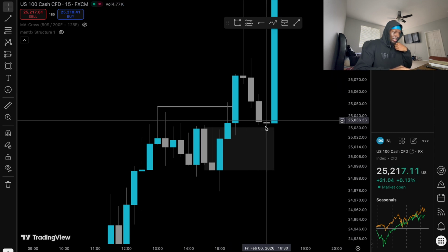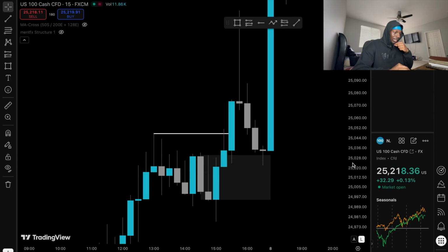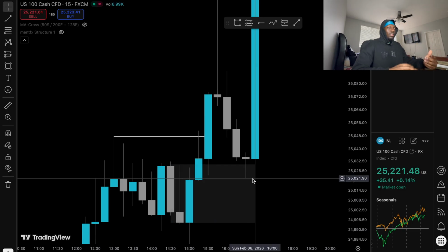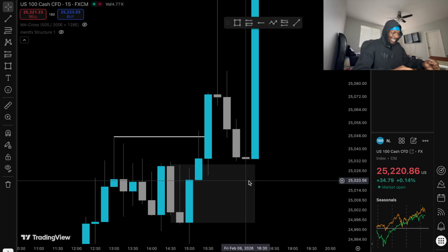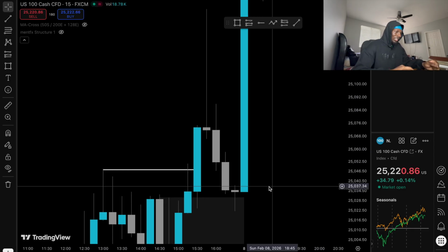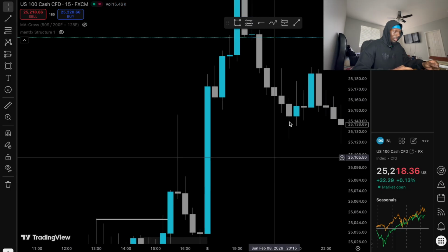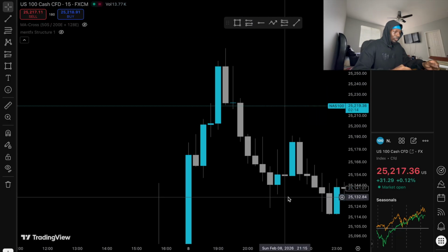Price came back into this zone. And what did it do? It wicked it again. The buyers are present, right? So once it wicked it, who won the battle? The buyers won again. And what did it do? Look at this. Shot up all the way up here. Look at that. All the way.